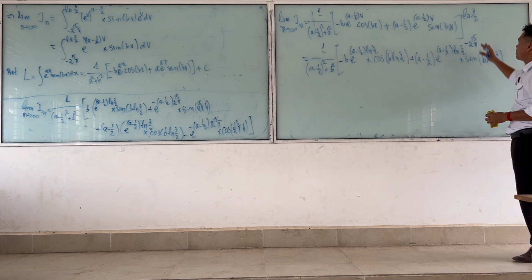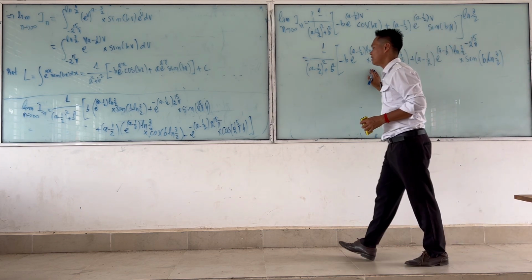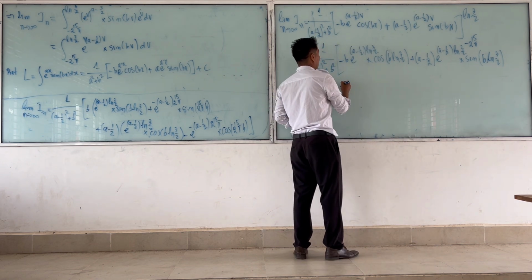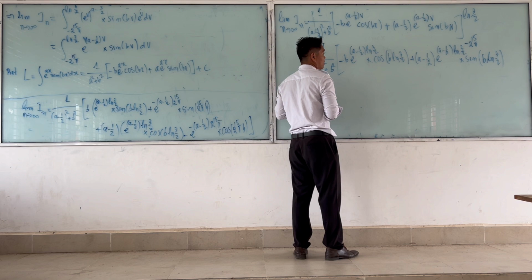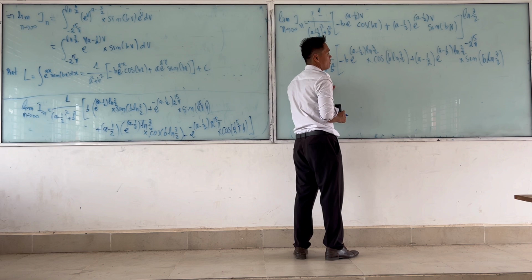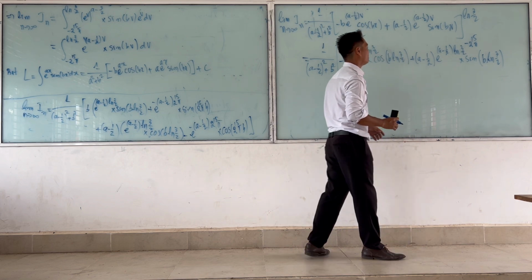This is because I replace the upper base of the integration, so you have to subtract the replacement of the variable of integration by the lower base, negative 2 to the power 15 pi.